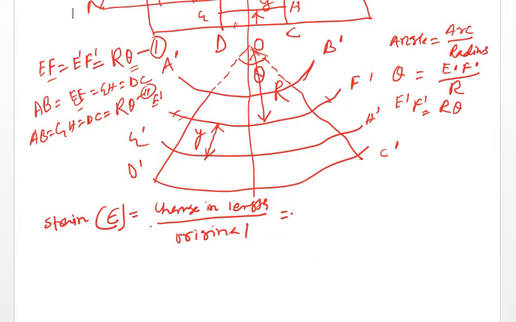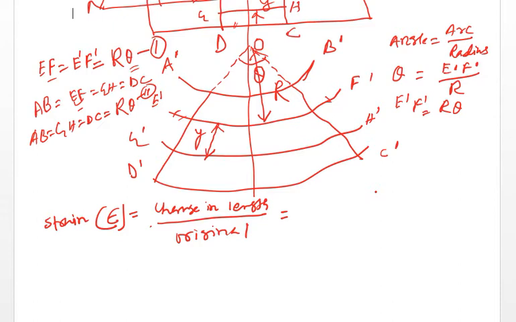So for the change in length here, we can find the value of G dash H dash in a similar way to what we calculated for E dash F dash, that is R theta.